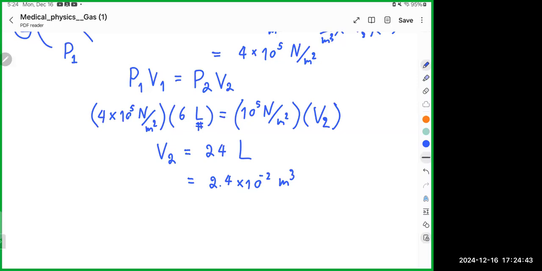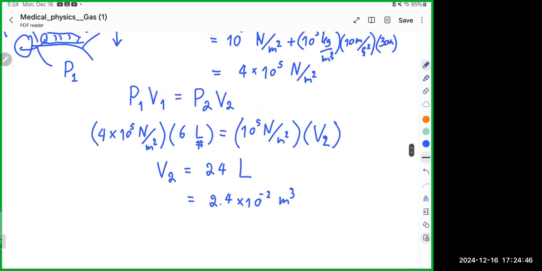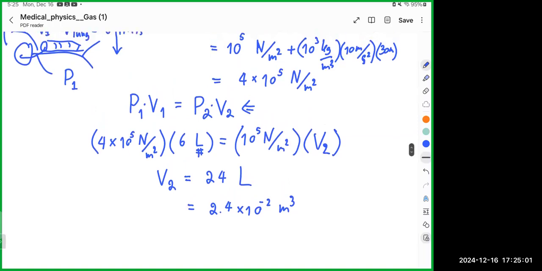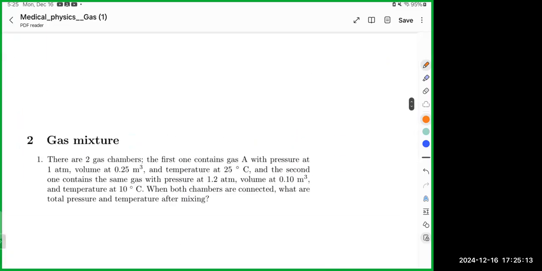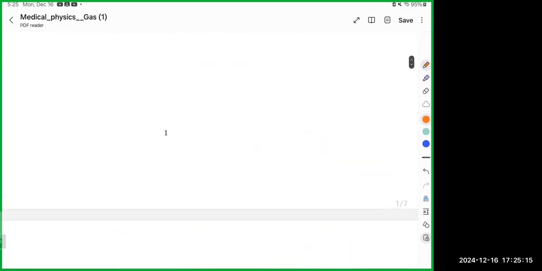For this case, the relation right here is P and V. That is a multiplication. So you don't have to change the unit to SI unit. No need. Because there is the multiplication, the unit always cancels out. Except if you use the full form of the ideal gas.